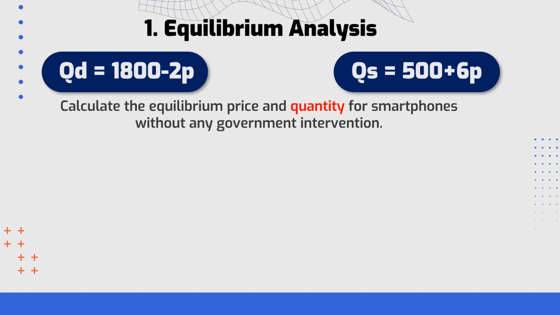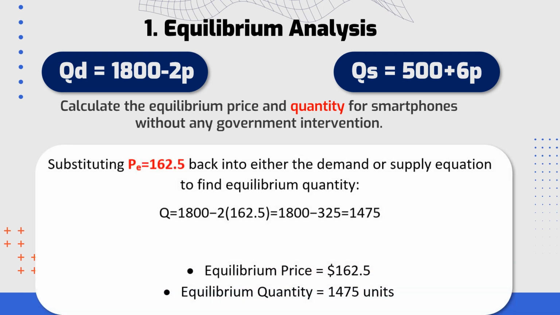The second subtask is to calculate the equilibrium quantity. So the basic idea is just to substitute price back into either demand or supply equation. Doesn't matter, because the equilibrium is the point of intersection of these two curves. In other words, they are equal in this particular point.